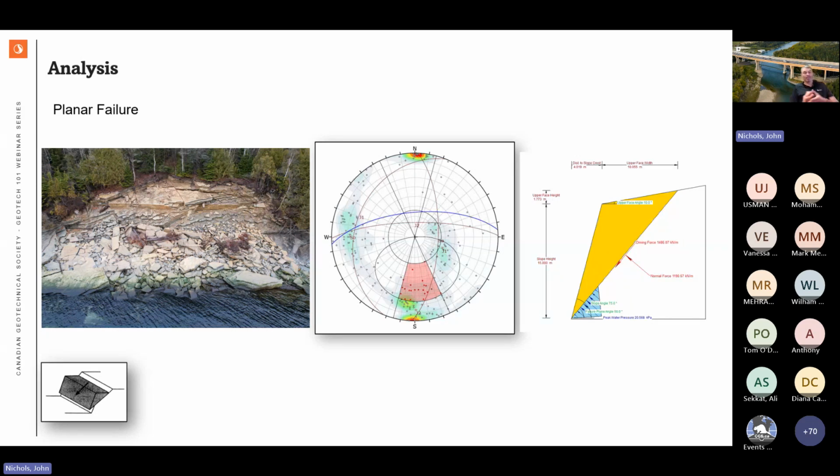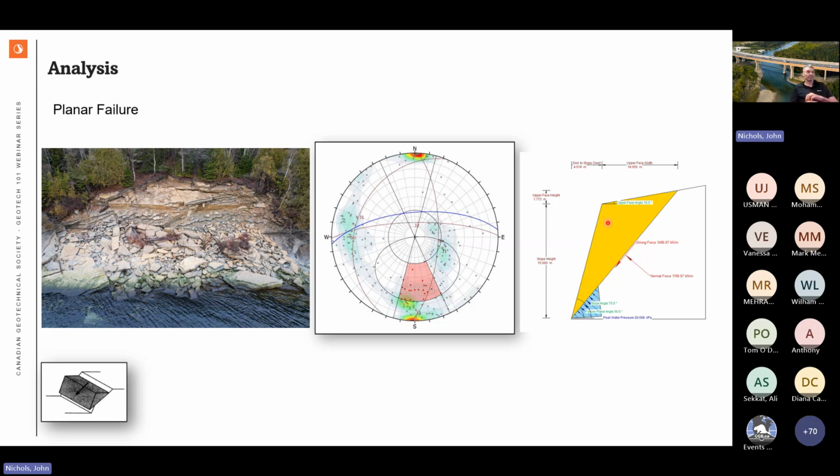Here's an example of a planar failure. This was a site we visited, and this is clearly an obvious planar failure. This is just showing the kinematic analysis for planar failure. This isn't the exact stereonet for this, but for illustrative purposes, if we knew that this was possible and this was the failure mechanism, we could come up with a remedial plan to stabilize this block that we knew was sliding.